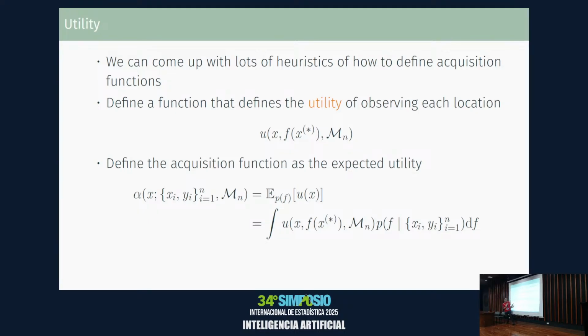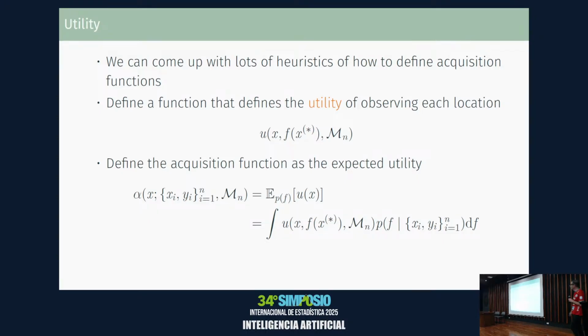So we're going to take my belief currently about the function, and we're going to take the expectation over this utility. Okay? And that is going to be our acquisition function. So utility of each value, given that we know the function, and then I integrate out my belief over the function at that point. Okay?